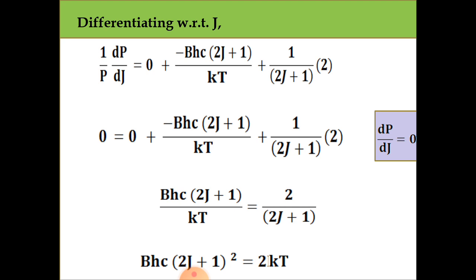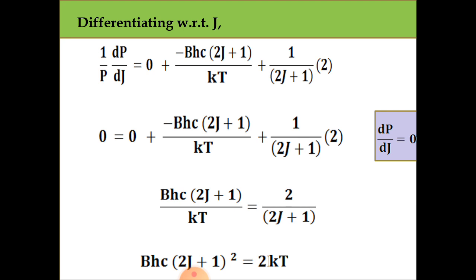Then we differentiate with respect to J. So differentiation of log P is 1 by P into dP by dJ, which is equal to the differentiation of log k, that is 0, minus Bhc into 2J plus 1 by kT, plus the differentiation of log 2J plus 1, that is 1 by 2J plus 1 into the differentiation of 2J, which is 2.